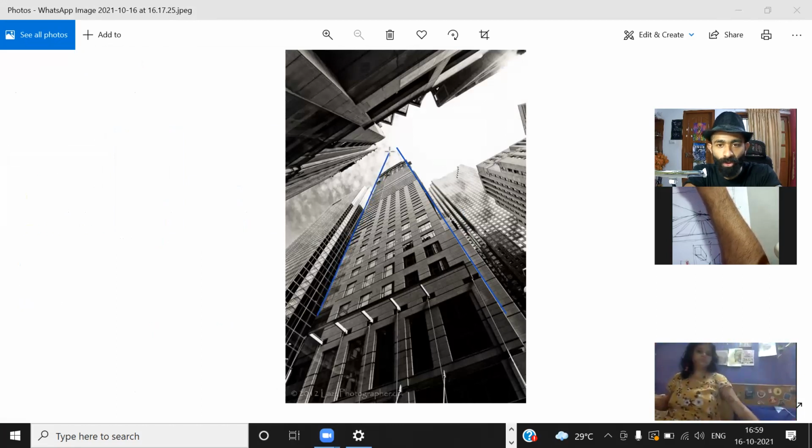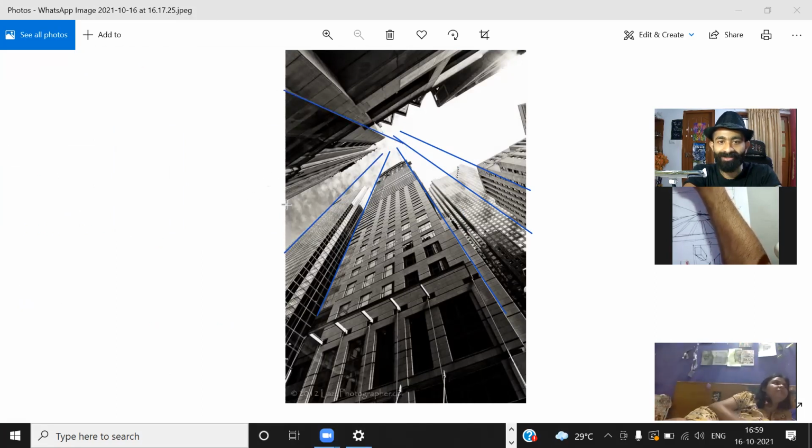So you just see how all of them extend. They all, in fact, meet at a common point. Appears to do so. So next time you observe one point perspective, you know what's going on. Okay.